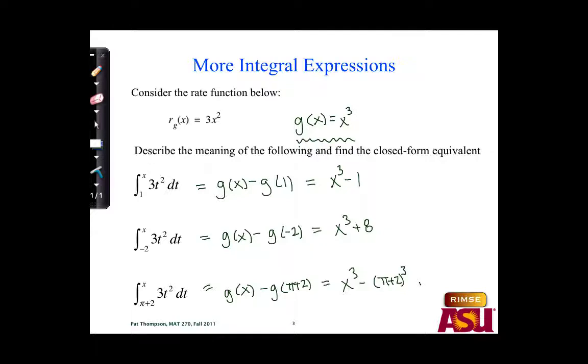This one, if I think about what's going on with this, x cubed plus 8, if I were to start at negative 2 as an x value, this would start at 0 and go upward from there. If I were to start using this function, think about its values starting at x equals 1. Well, starting at x equals 1, this would be 0, and then it would increase from there.